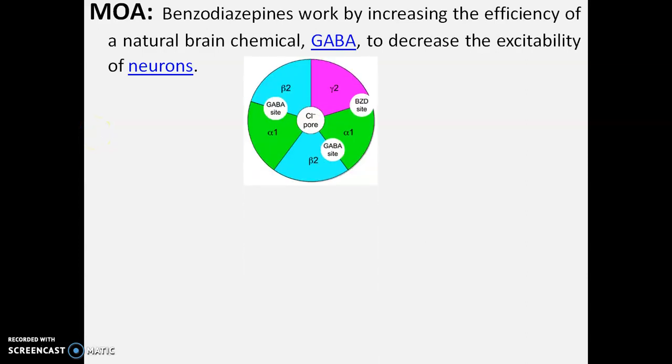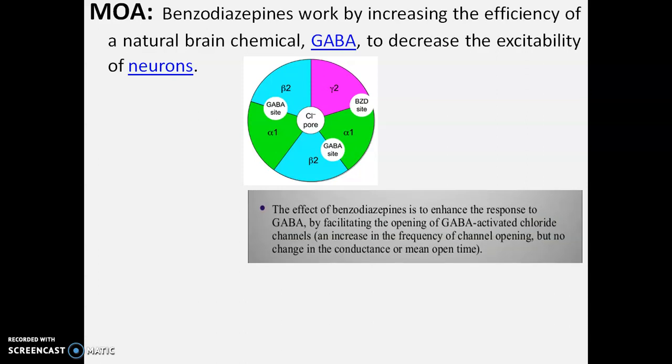This is the transverse section of the GABA receptor, where you can see the GABA site, the benzodiazepine site, and in the center an opening for the chloride ions. The effect of benzodiazepine is to enhance the response to GABA by facilitating the opening of the GABA activated chloride channel.